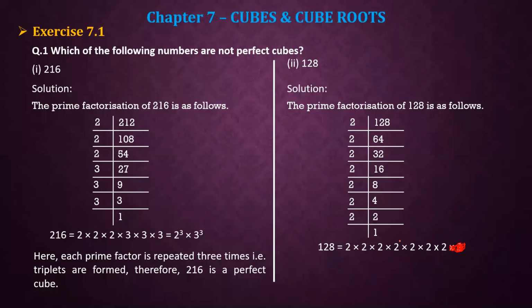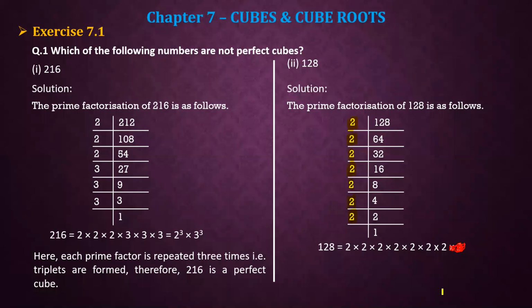You can count how many times it is repeated: 1, 2, 3, 4, 5, 6 and 7. So we indicate this 128 like this: 2 into 2 into 2 into 2 into 2 into 2 into 2. We have taken 7 times that 2.